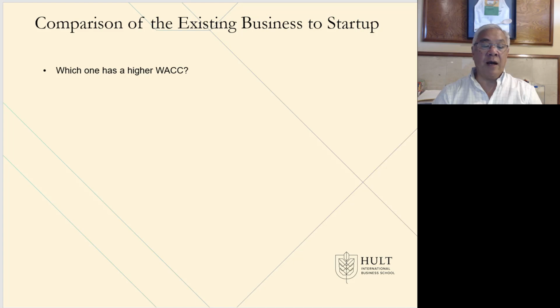So which has a higher WACC? The startup, it's at 40%, and the existing is 12%. Well, there's a reason for that. The higher WACC represents higher risk. So that's a clue. Oh, it's not quite as simple, right? Because the WACC indicates the level of risk that investors are willing to take on those two different alternatives.